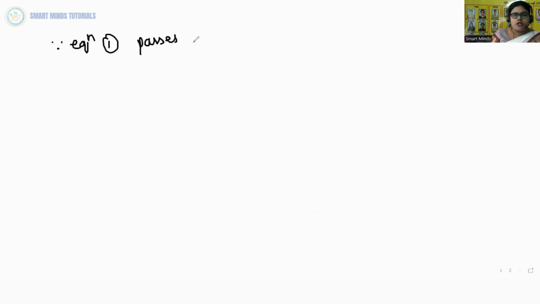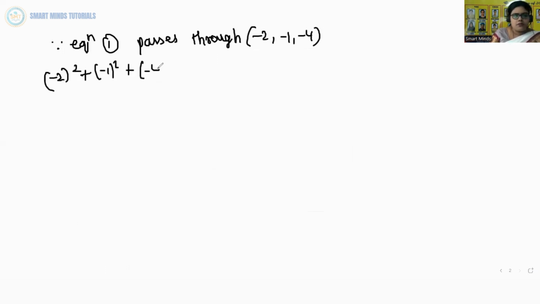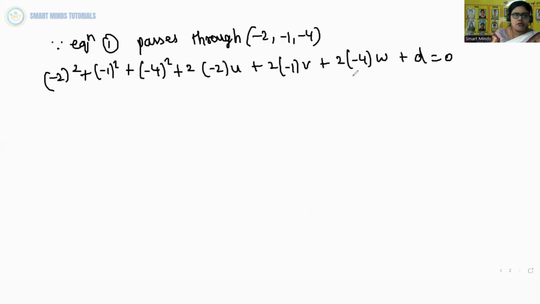Since equation number 1 passes through minus 2 comma minus 1 comma minus 4, we are substituting in equation number 1. So we get minus 2 whole square plus minus 1 whole square plus minus 4 whole square plus 2 into minus 2 into u plus 2 into minus 1 into v plus 2 into minus 4 into w plus d is equal to 0.